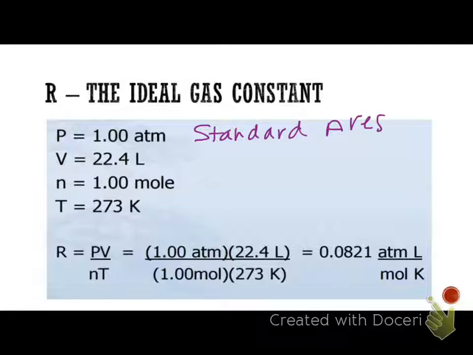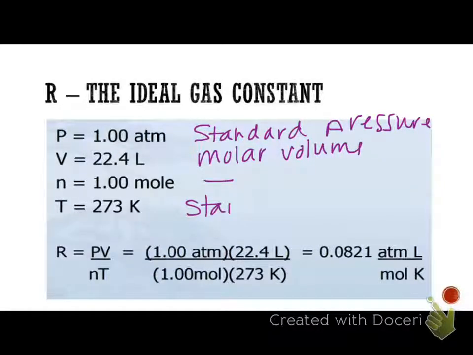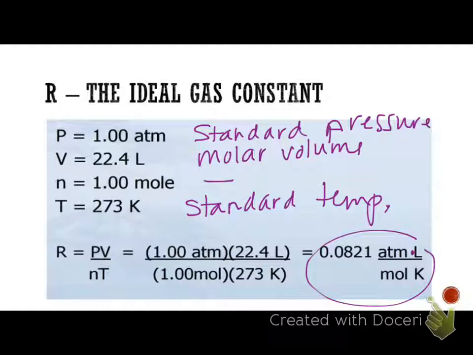And remember from our stoichiometry unit, this was called the molar volume at standard conditions. And then, of course, 1 mole. And then this is standard temperature. There we go. If you were to plug in those values, you see that you get this gas law constant.